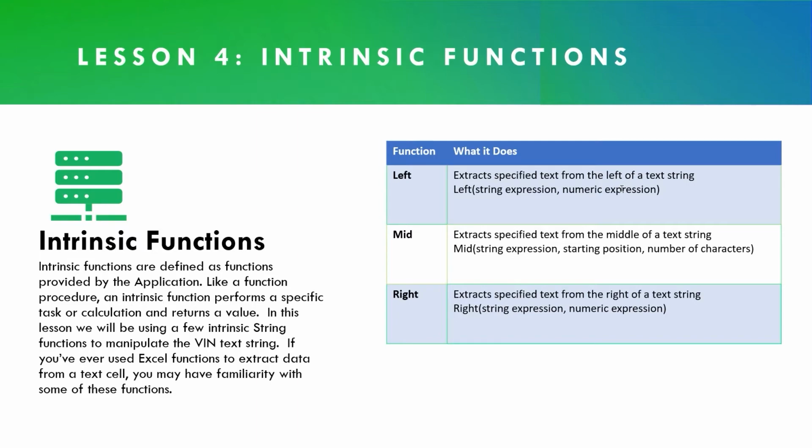The Mid function extracts specified text from the middle of a string. It has 3 arguments. Well, first you use Mid, which is the name of the function, and then it has a string expression that it needs to reference, a starting position in that string, and the number of characters you want extracted.